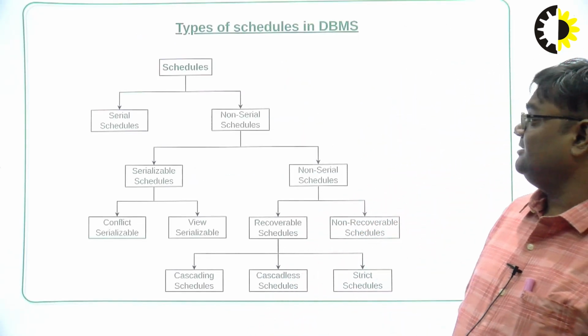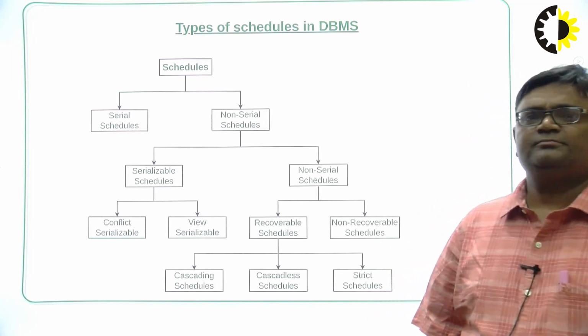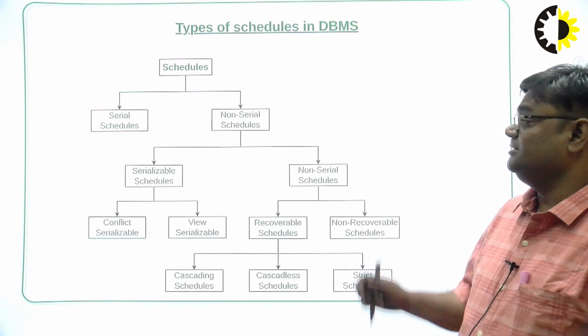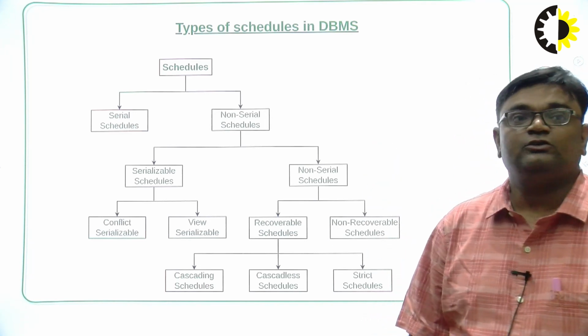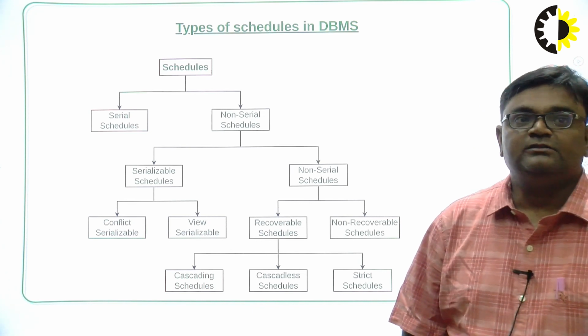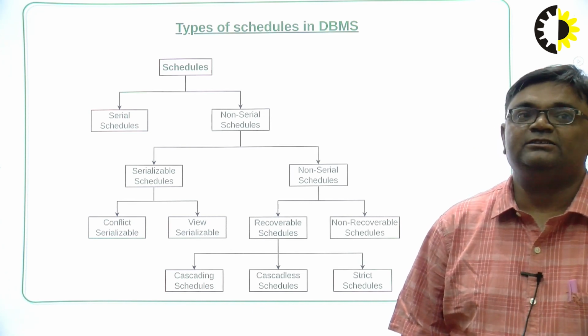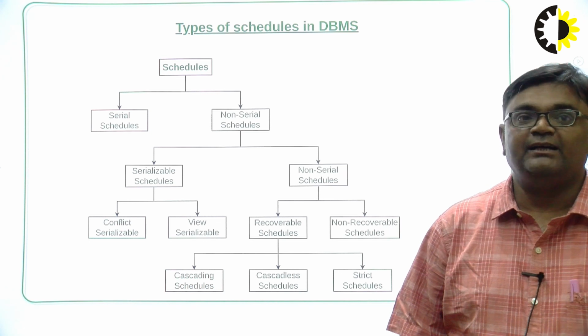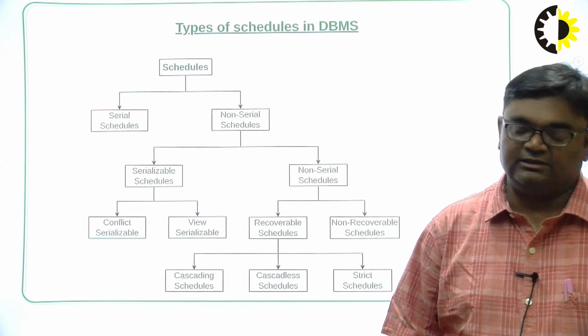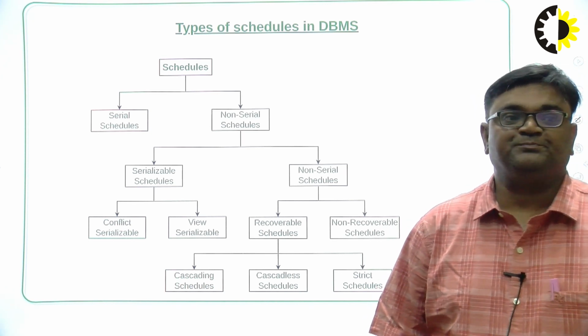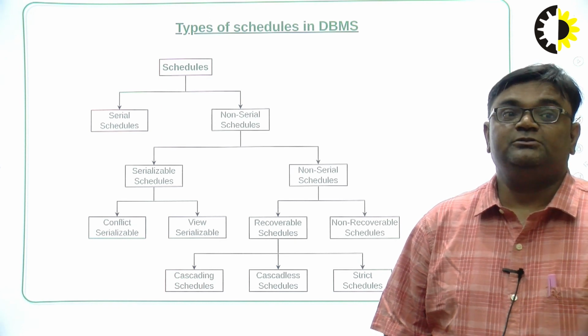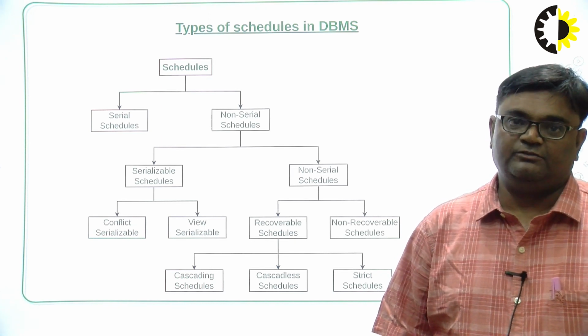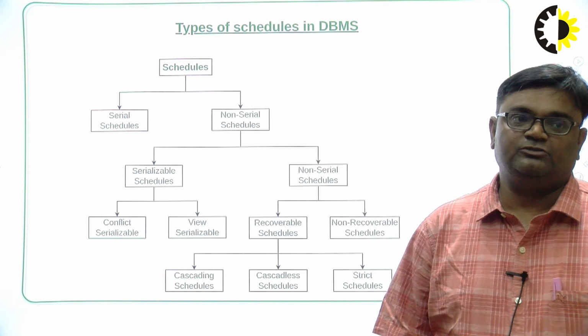We have learned various types of schedules. A schedule can be a serial schedule or a non-serial schedule. Non-serial schedules can be categorized into serializable schedules and non-serializable schedules. Serializable schedules, conflict serializable and view serializable, are what we are going to discuss in today's topic.